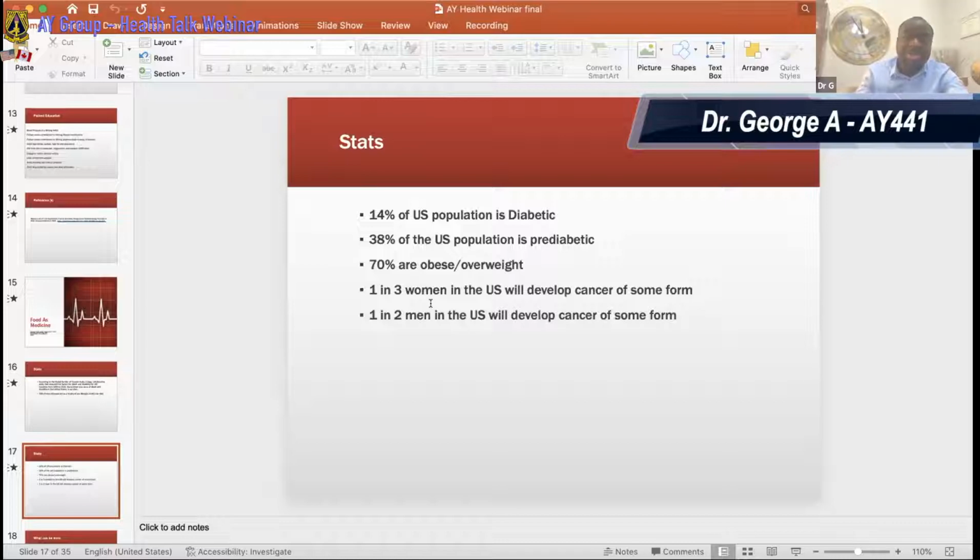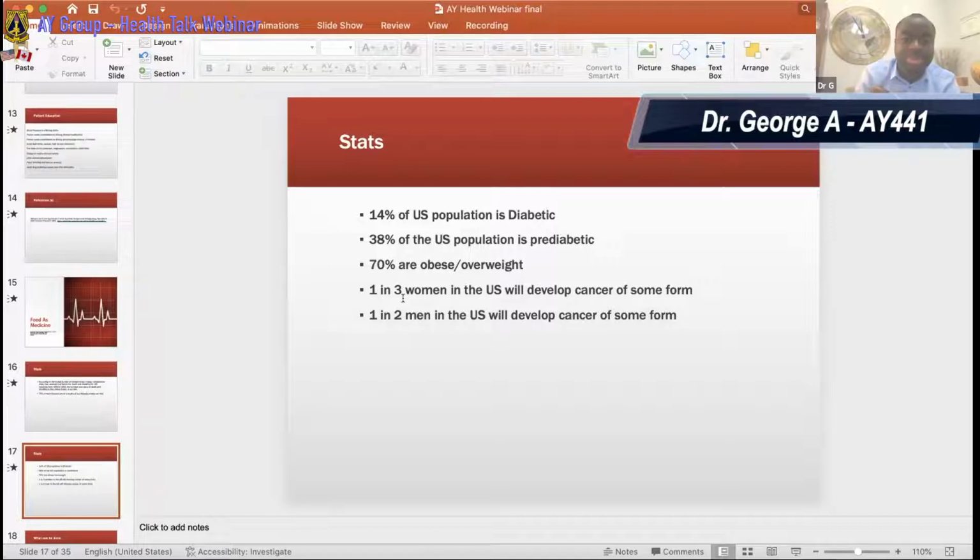And these are another staggering report. They found out that 14% of the US population is diabetic and 38% is pre-diabetic, which is like they are almost there. And from studies, almost 100% of pre-diabetic people go on to get diabetes.